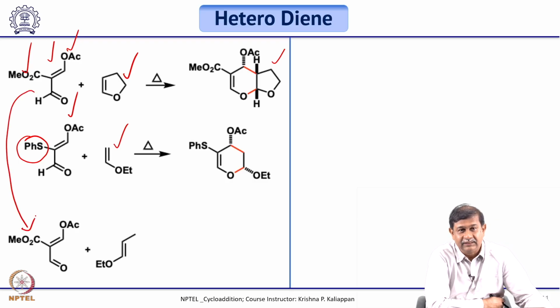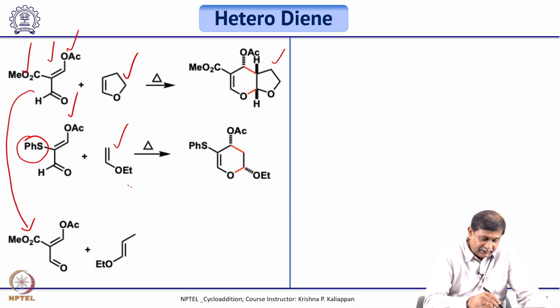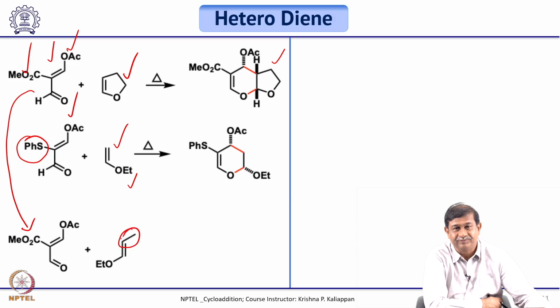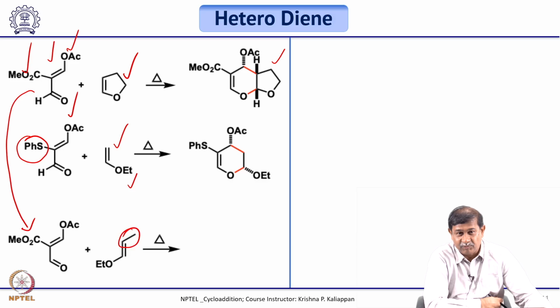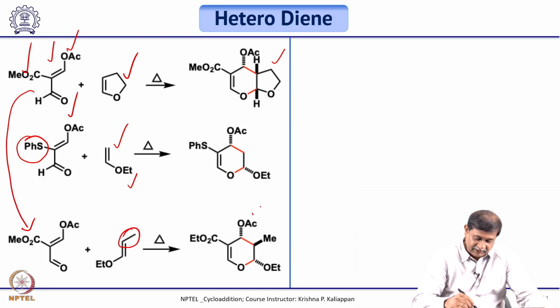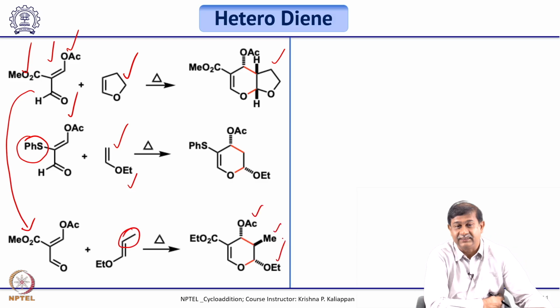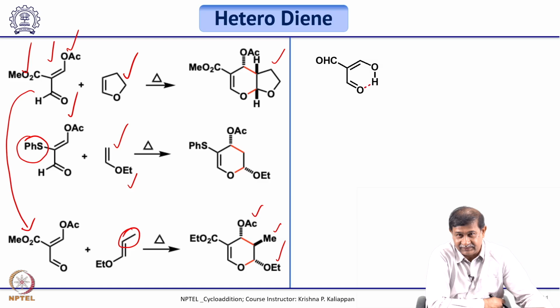So now instead of simple ethyl vinyl ether, you have extra methyl group, extra methyl group. So that means you will generate 3 new stereo centers in the product, and all 3 are trans to each other. It's a relative configuration, but still the Diels-Alder reaction gives 3 new stereo centers. It can give maximum 4. So here you can see it gives 3 new stereo centers.